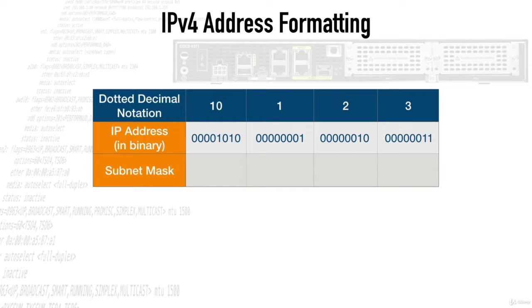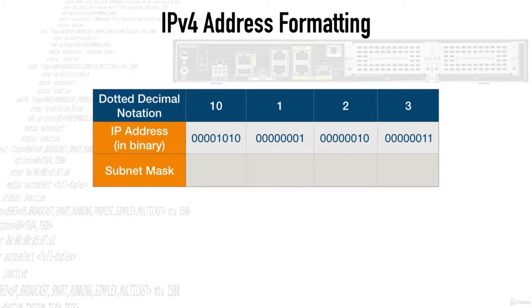If that's a foreign concept to you, no worries, because we're going to definitely cover binary conversion to decimal and decimal conversion to binary in this course. But for now, just know that a 10 in decimal looks like 4 zeros and then 1010 in binary. And I've also written out the other numbers, the 1, the 2, the 3. Those are their representations in binary as well.